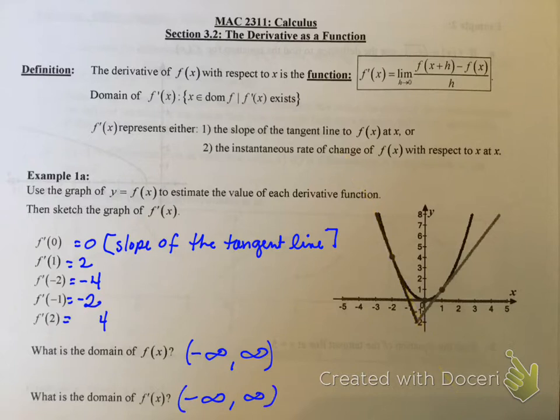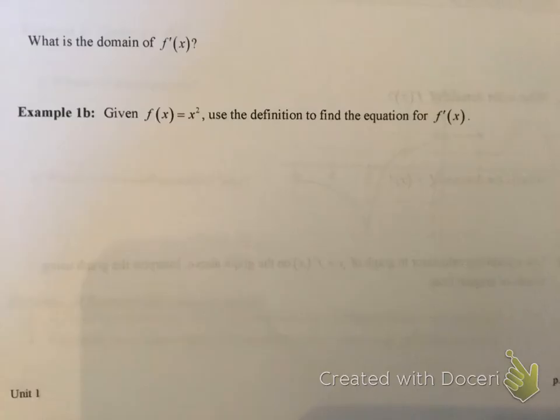Okay? All right, so let's look at example 1b. Example 1b says, given f of x equals x squared, use the definition to find the equation of f prime of x.